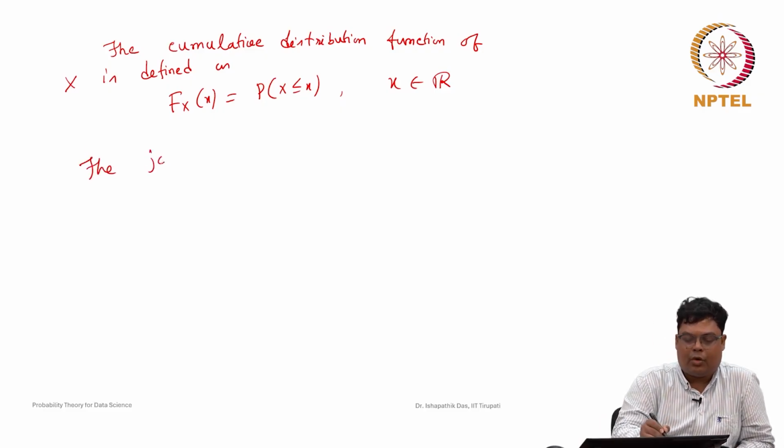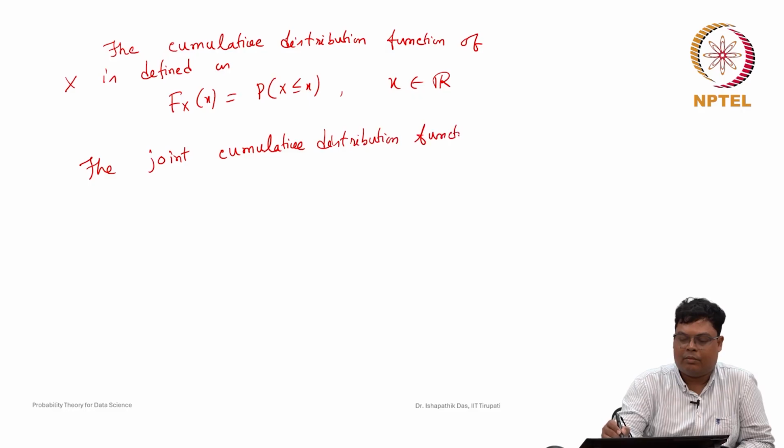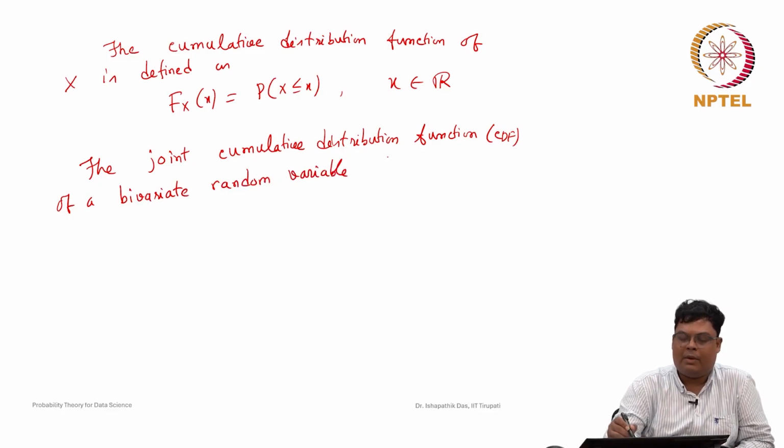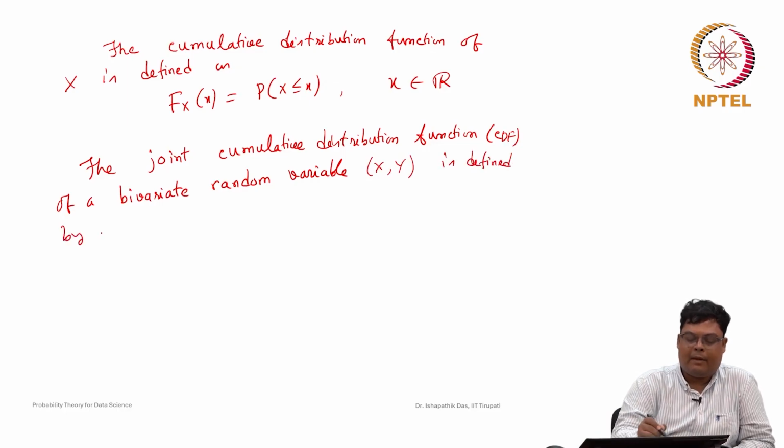The joint cumulative distribution function, or joint CDF, of a bivariate random variable (X, Y), is defined by F of X,Y at small x, small y, where both are real numbers.